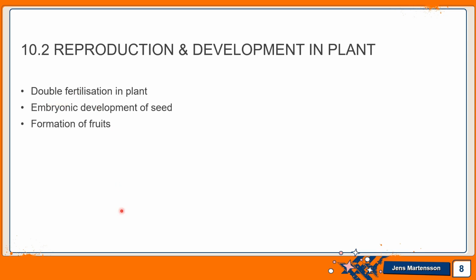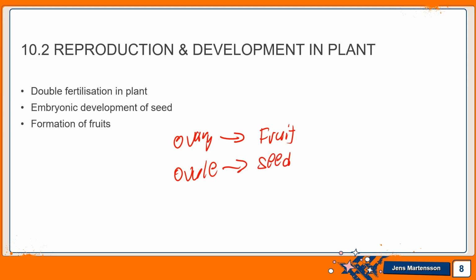You all know that the ovary will finally develop into fruit, and the ovule will finally develop into seed. But how does it develop? How can the ovule develop into a seed? This one you have to learn in this chapter, in this topic, embryonic development of seed.